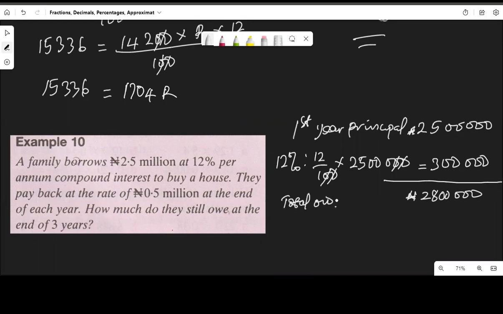But they are paying what? They pay back at the rate of 0.5 million, that is 500,000, at the end of each year. So the first payment is 500,000.